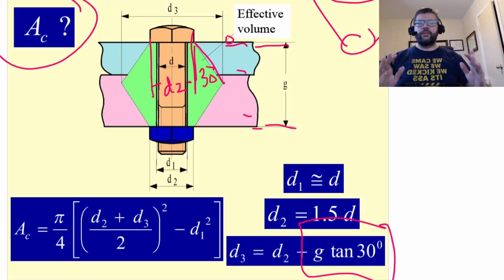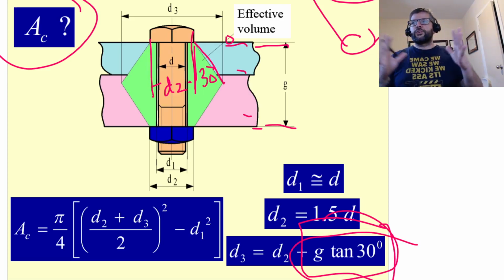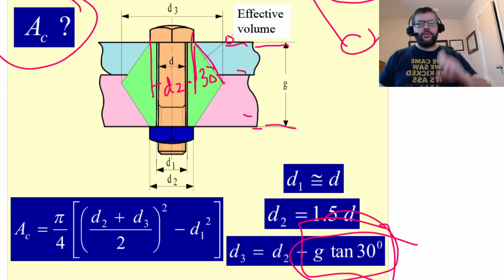So it spreads out to a certain amount. The thicker the joint is, the more it's going to spread out.